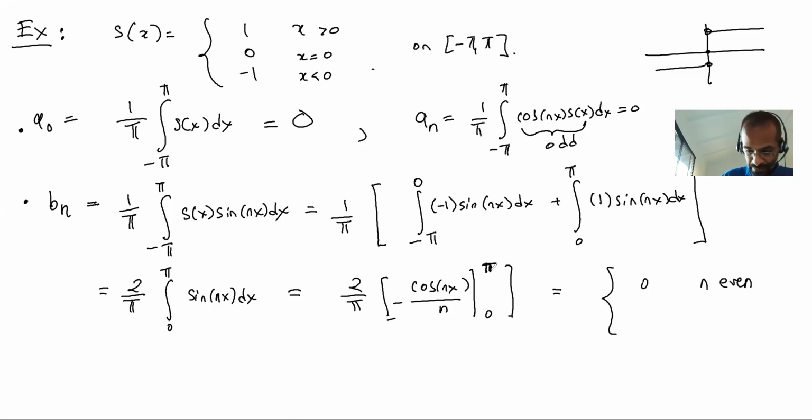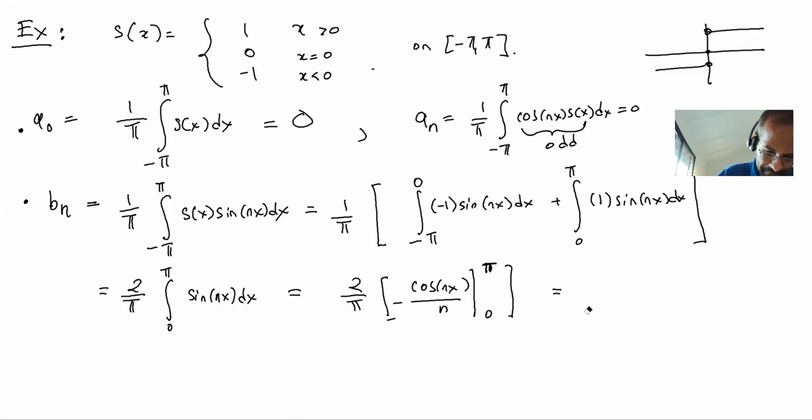Oh, have I got this backwards? Wait. Yeah, cosine of an even number times pi is 1. Okay, fine. Let's just write out what this is.